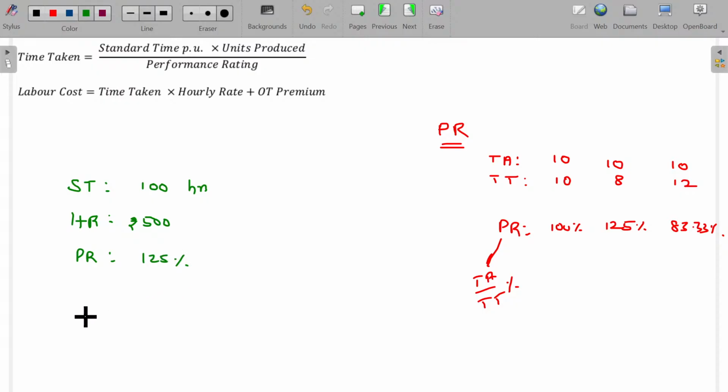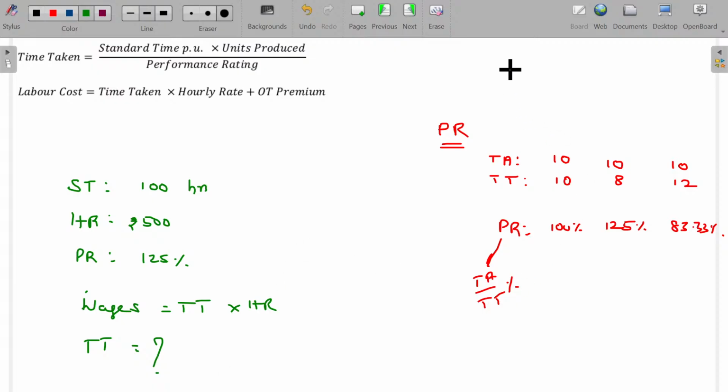Find out the wages. So to find out the wages or labor cost, you have to find out the time taken into hourly rate. Now the question is, time taken is a question mark. How will you calculate the time taken?